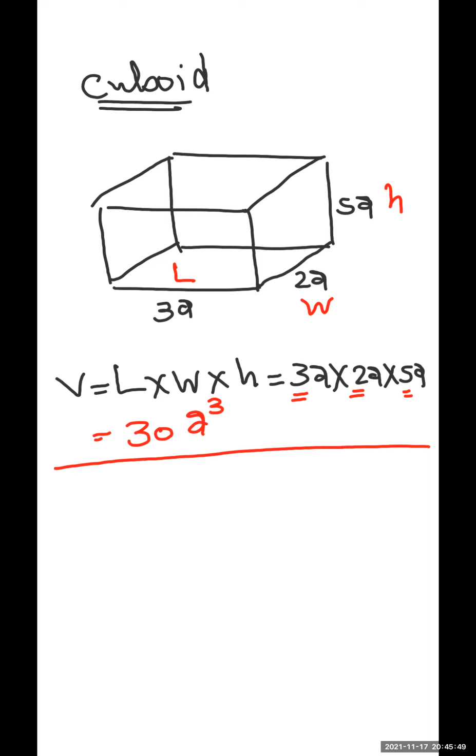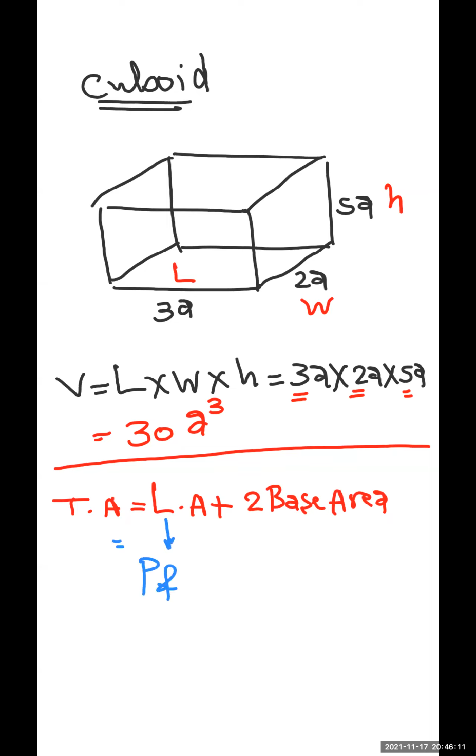Now, get the total area. Total area equals lateral area plus 2 base area. Now, guys, the lateral area is perimeter of base times height.